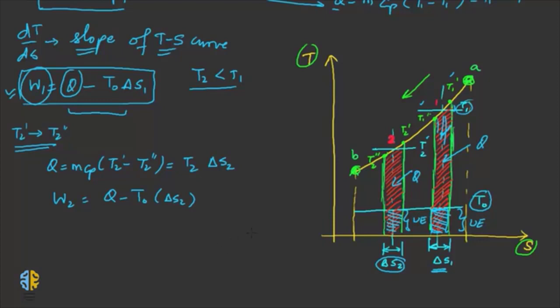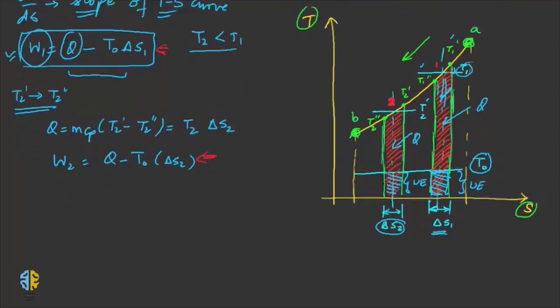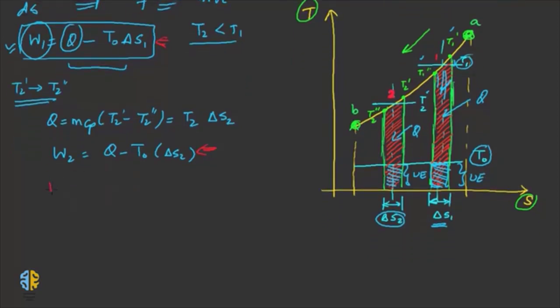Now if you compare, let me write down this equation and this equation again. So I will have W1 is equal to Q minus T naught delta S1, and I have W2 is equal to Q minus T naught delta S2, isn't it? So let's compare this.